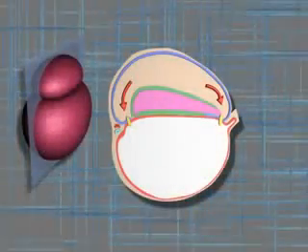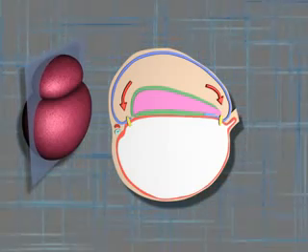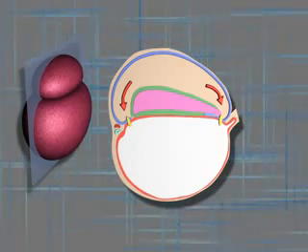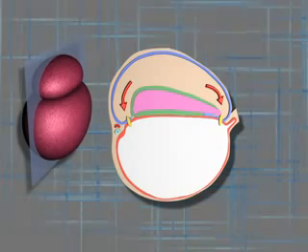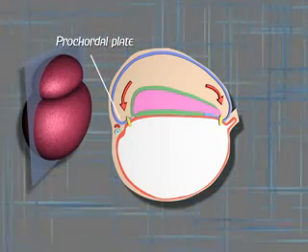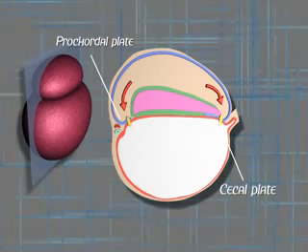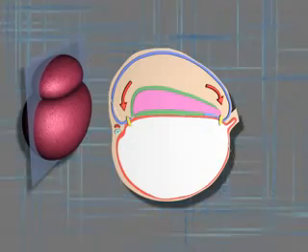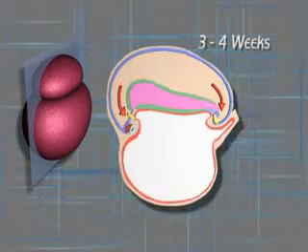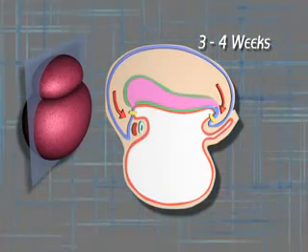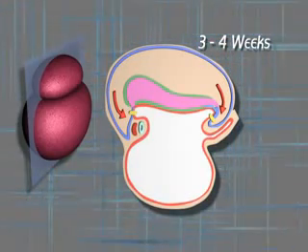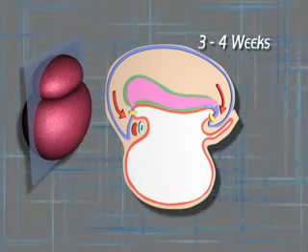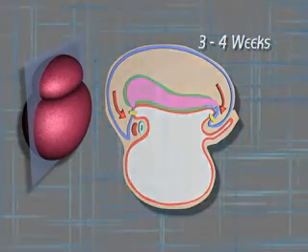These cell migrations now result in complete separation of the ectoderm from the endoderm, except anteriorly in the region of the procaudal plate and posteriorly in the caudal end of the embryo, which is referred to as the cecal plate. During the next 3 to 4 weeks of development, major tissues and organs differentiate from the triploblastic embryo. These include the head and face, and tissues contributing to the development of the teeth.